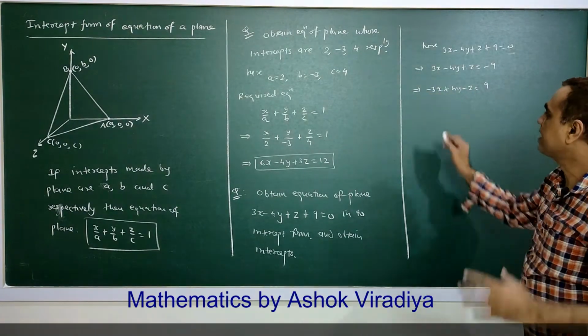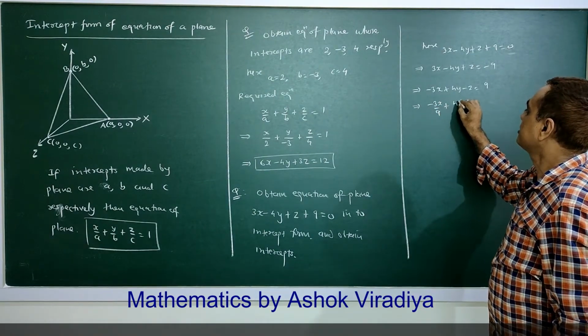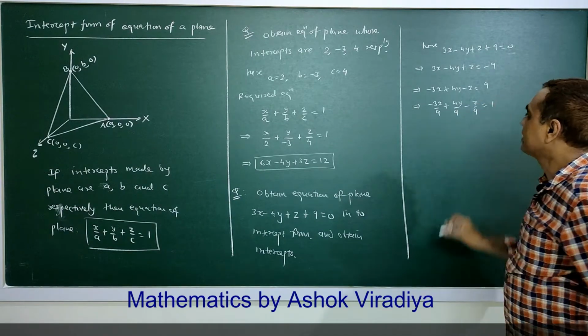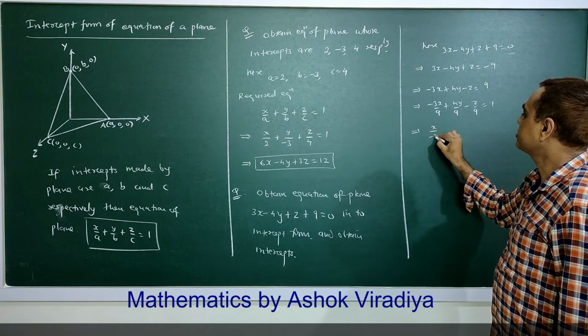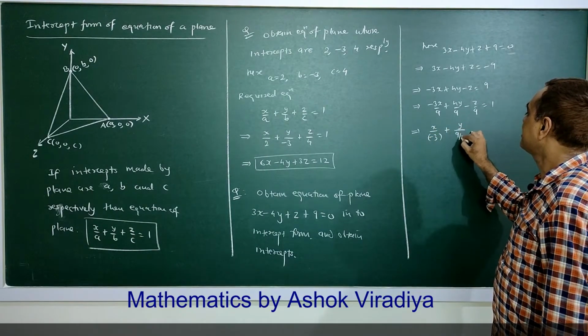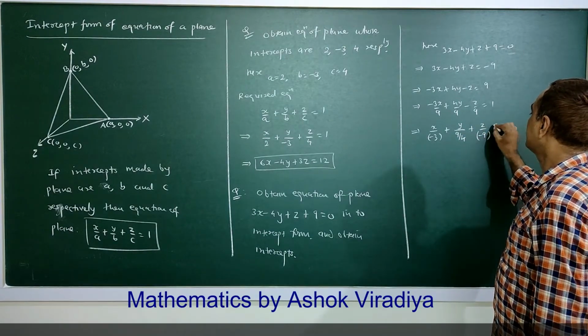Now dividing by 9, minus 3x by 9, 4y by 9, z by 9 equal to 1. So that is x upon minus 3 plus y upon 9 by 4 plus z upon minus 9 equal to 1.